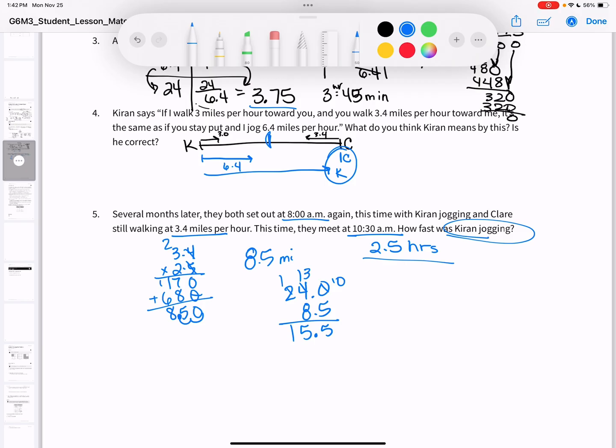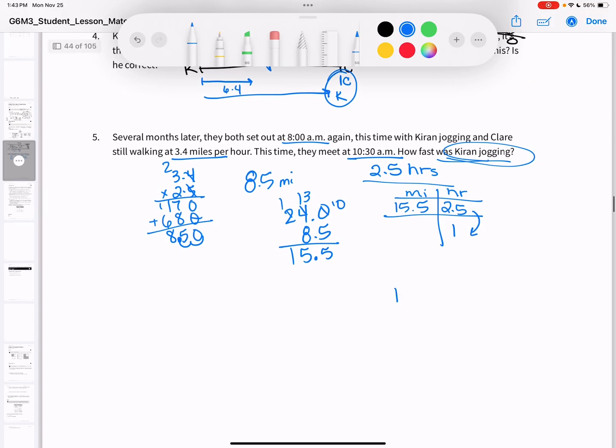Okay, so we have 15.5 miles in 2.5 hours. So we need to know how fast he's jogging, we need to go down to 1. Well, you divide by 2.5. So I'm going to do 15.5 divided by 2.5. But remember, we can't have these decimals, so I'm going to change it into 25 and 155. Okay?